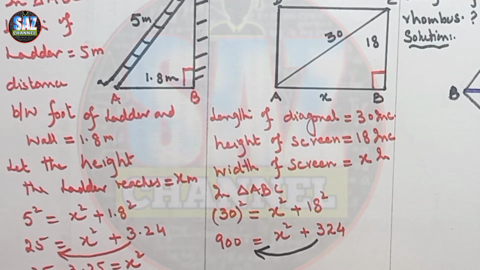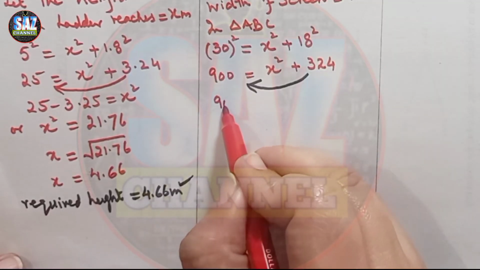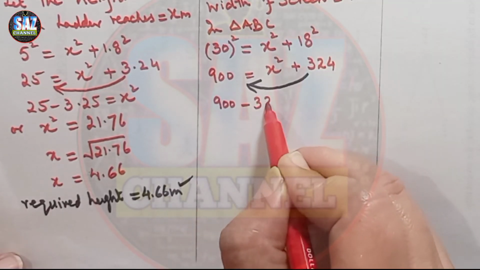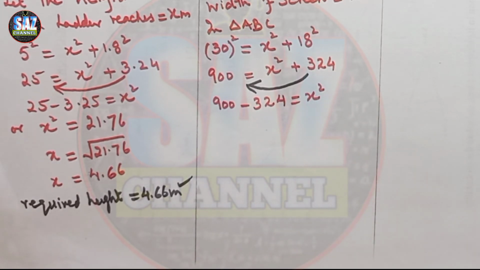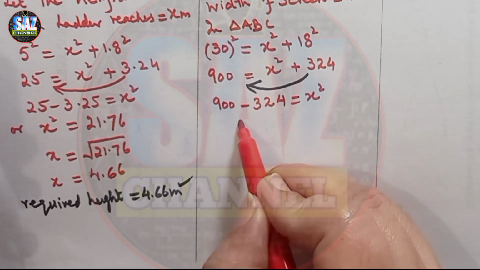Now what I have to do in order to solve this equation and find the value of x, I have to shift this 324 to the other side, and the equation will take the form 900 minus 324 equals x square. Let me hold the calculator. 900 minus 324 is 576.